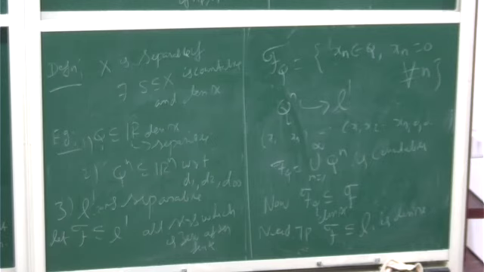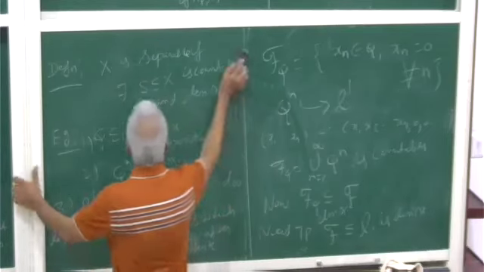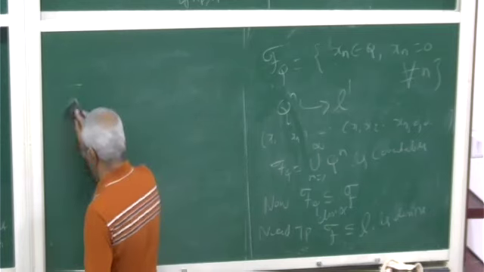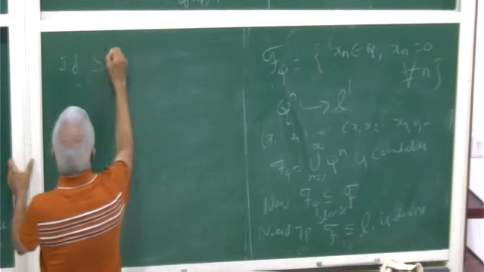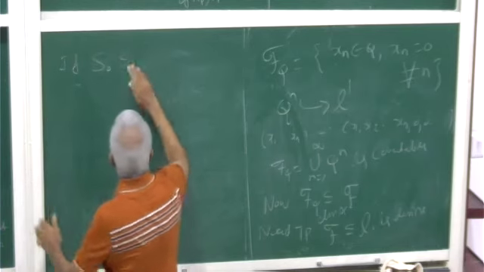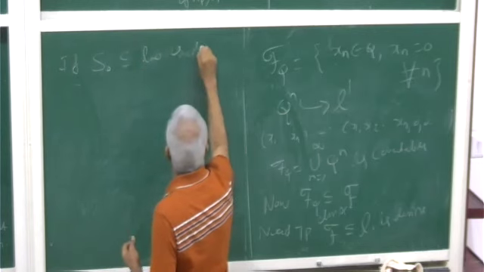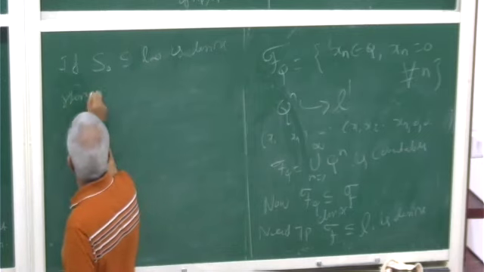There are uncountably many balls. Suppose we have a countable dense set S naught contained in L infinity. Then you have to have something from each ball.